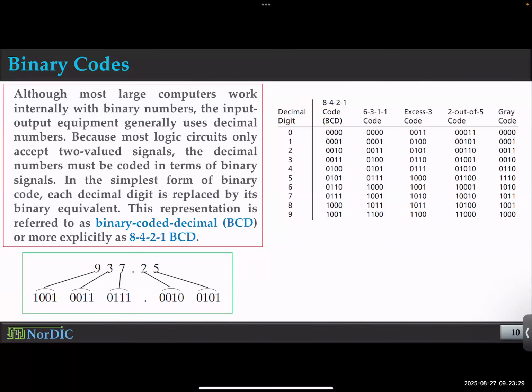Okay, so binary codes. It's another concept. We basically revised how to convert binary numbers to something else, decimal numbers to binary, and so on. Any number system to some other number system. But turns out there is an approach that we often use, which doesn't require a direct conversion from decimal to binary. So long story short, you can read it at home.